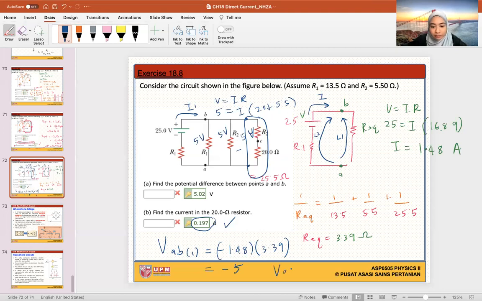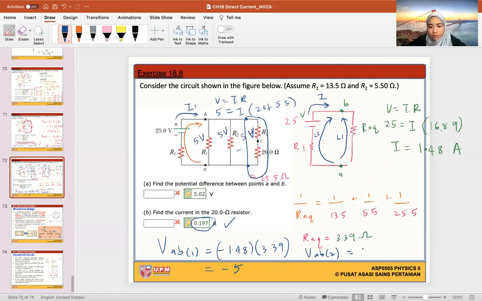So VAB line number 2, what is line number 2, from here to here? Okay, so VAB, oh, it's not very visible. Let me write it over here. VAB number 2 equals to, okay, so in my line, I see R1 and I1 flows in the same direction.